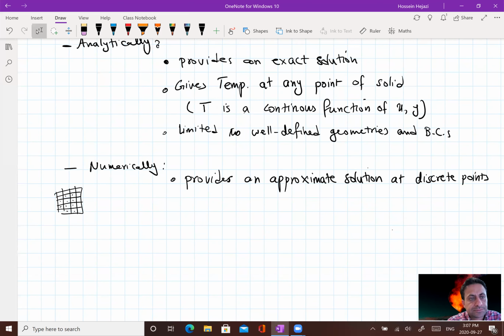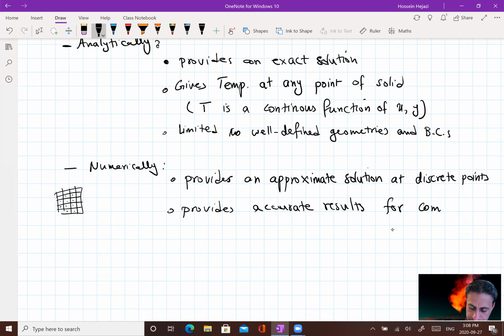And the advantage here is, in fact, it provides accurate results for complex 2D or 3D geometries with various boundary conditions.